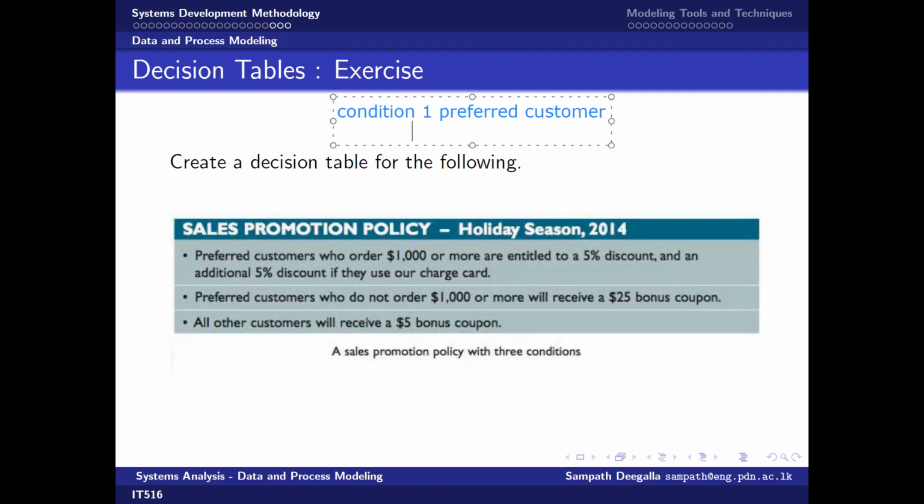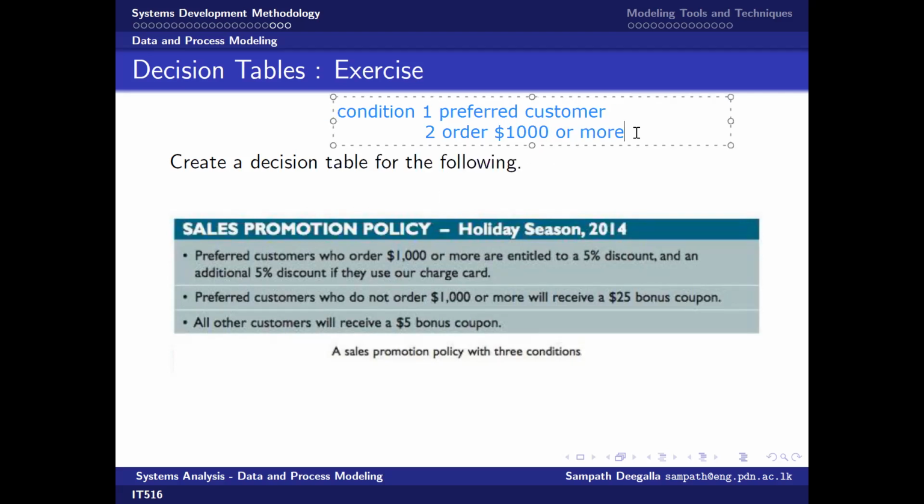Then actually this will be a bit more detailed. The second one is whether they have spent $1,000 or more.